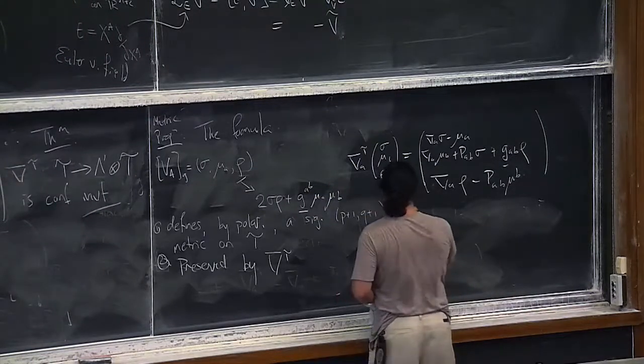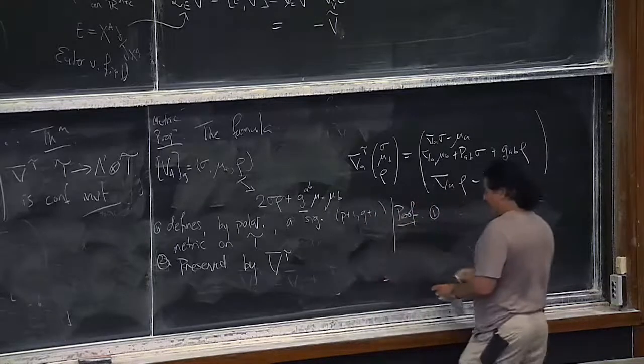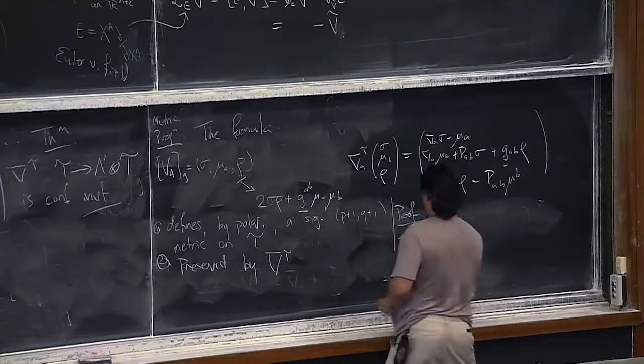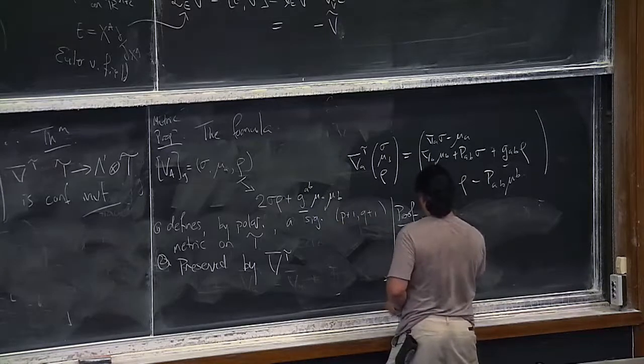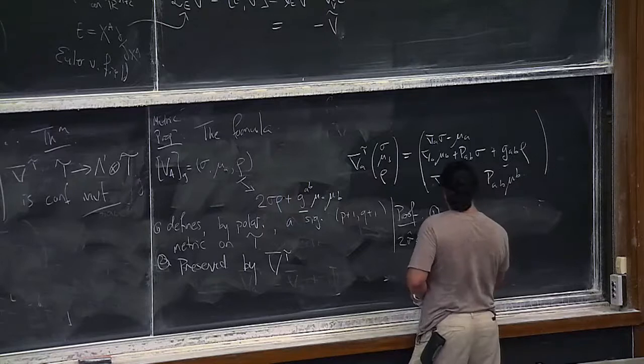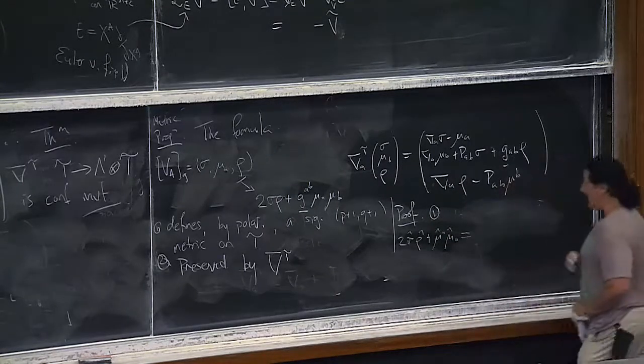So the proof, well, let's look at 1, for example. If you hat everything in this formula, you have 2 sigma hat rho hat plus mu hat. Okay, so that's my formula. And now I put in that rule of how these transform.